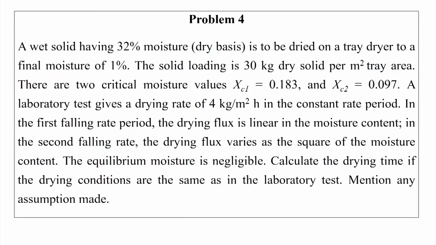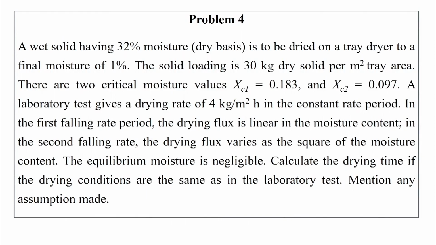The problem is as follows: a wet solid having 32% moisture on a dry basis is to be dried in a tray dryer to a final moisture of 1%. This is the requirement of the system. The solid loading is 30 kg dry solid per meter square area, that is Ss by A is equal to 30 kg per meter square.